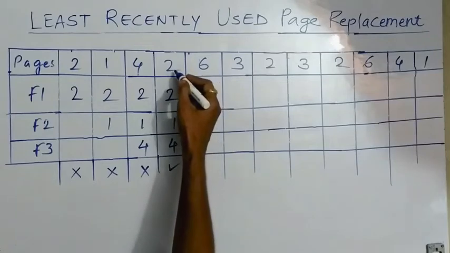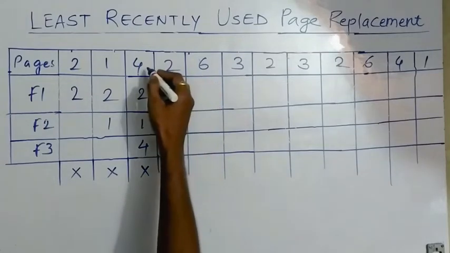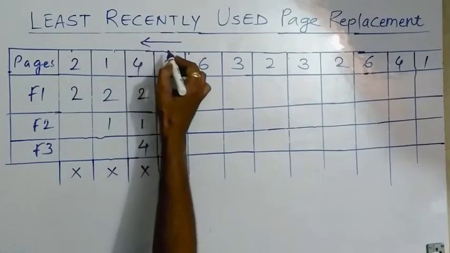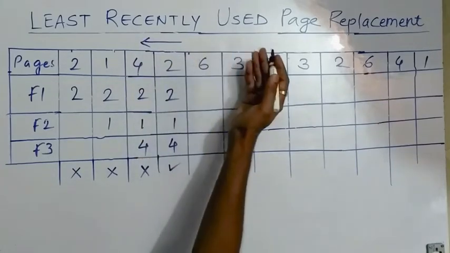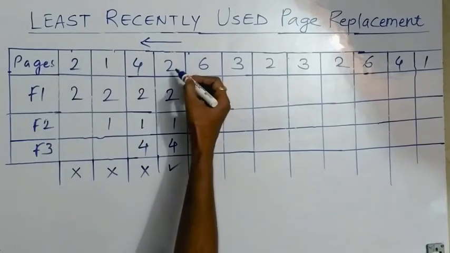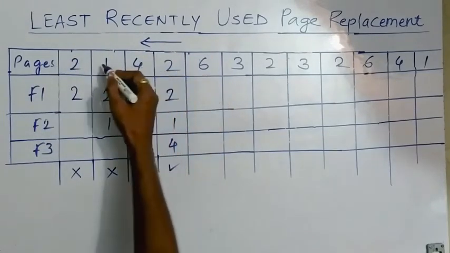Here, if we look at these particular pages 2, 4 and 1, we are supposed to travel from right hand side to left hand side. So 2, 4 and 1.